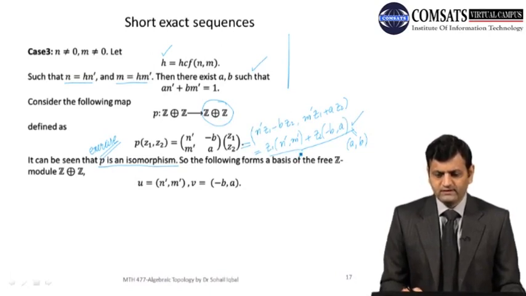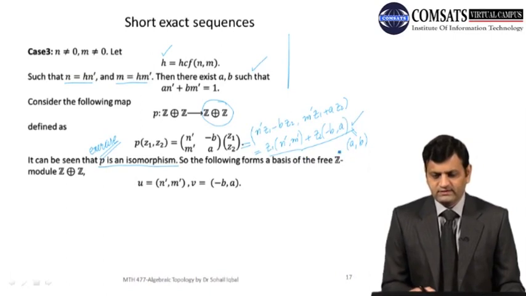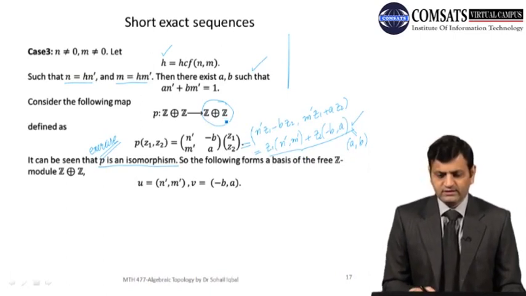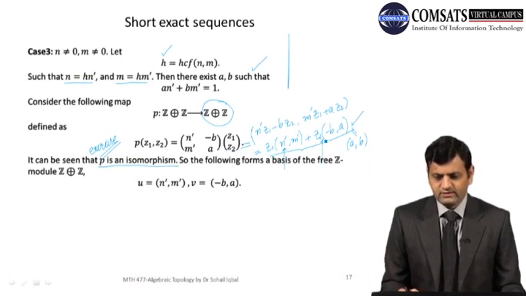So we can say that Z plus Z is basically this element multiplied with z1 plus this element multiplied with z2, where when z1 and z2 vary, we get the elements of Z plus Z. Now we have bases of Z plus Z.